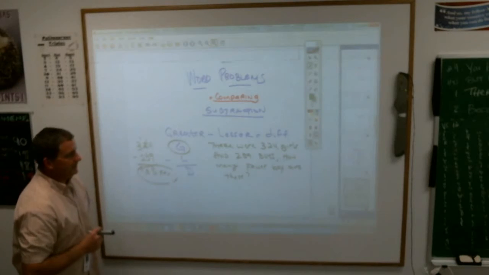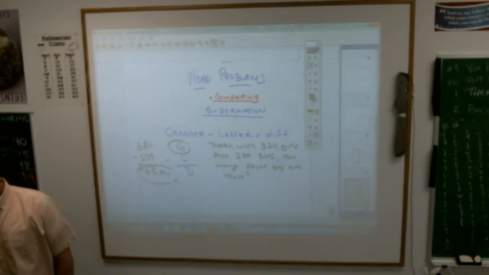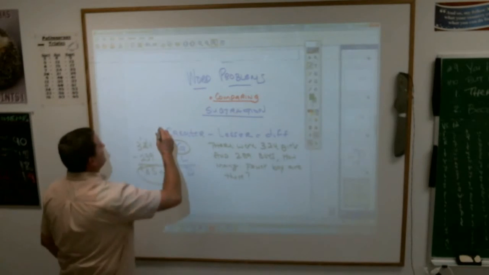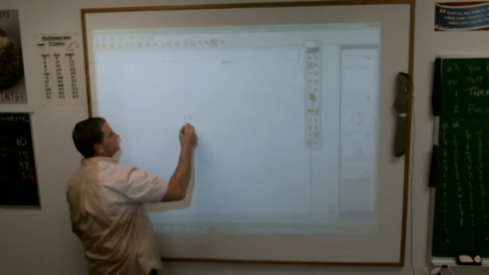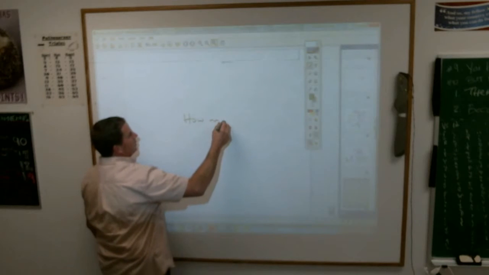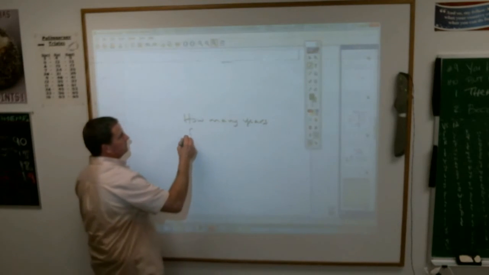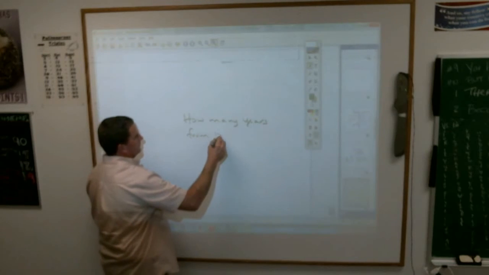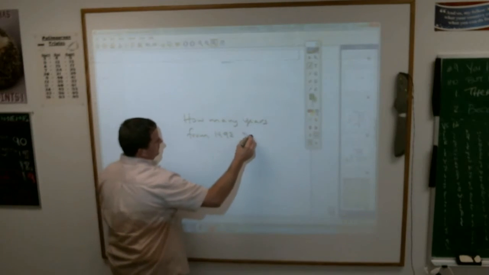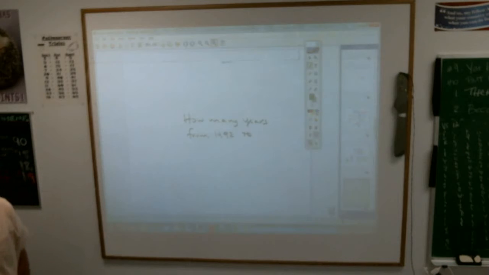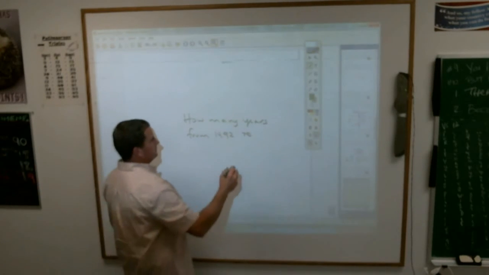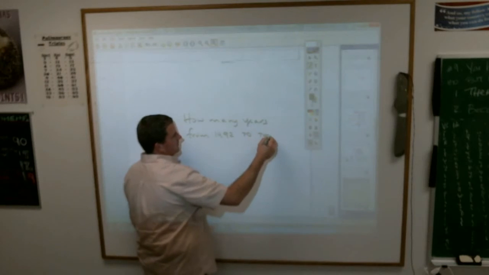Now that comes in handy because sometimes when you're talking about this, how many years are there from 1492? What happened in 1492? The Pilgrims landed in 1620.